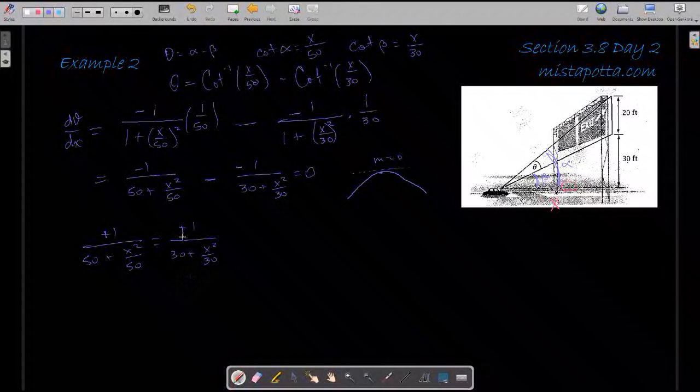I can change them both to positive. And I also could cross multiply in this case just to make the fraction a little bit simpler. So I could say that 30 plus x squared over 30 equals 50 plus x squared over 50.